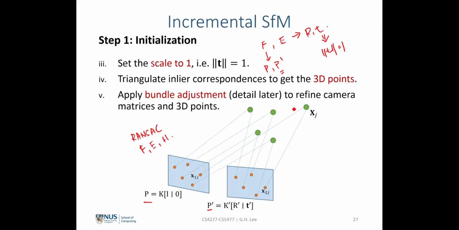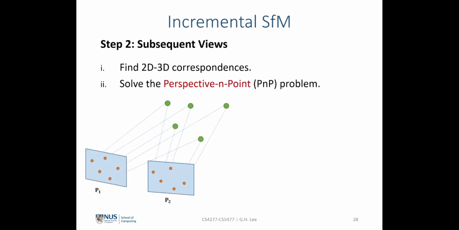Once we have done this, we will apply bundle adjustment, which we will talk about in detail later, to refine the camera matrices as well as the 3D points by minimizing the reprojection errors. Subsequently, after we have these first two views and the reconstructed 3D points, we will add more views into the reconstruction.